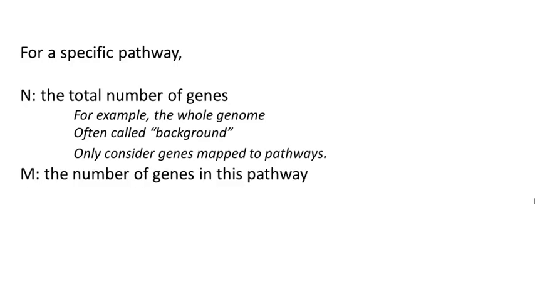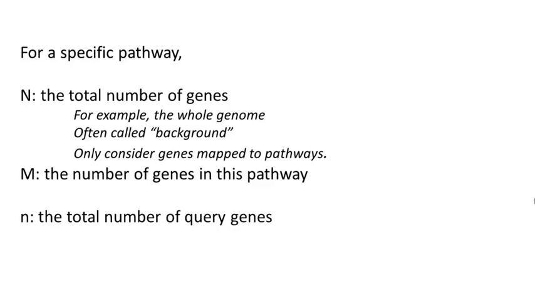Let big M be the number of genes in this particular pathway. As we had discussed at length so far, this information is available in KEGG. Now, you get a set of genes from your previous experiment that you want to analyze. Let's call them query genes. The query genes must be a subset of all the background genes.